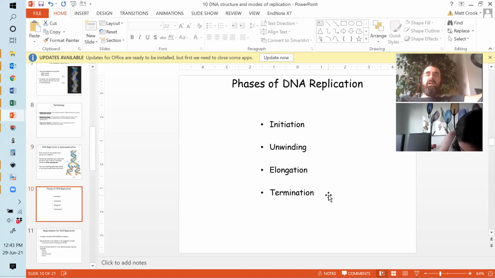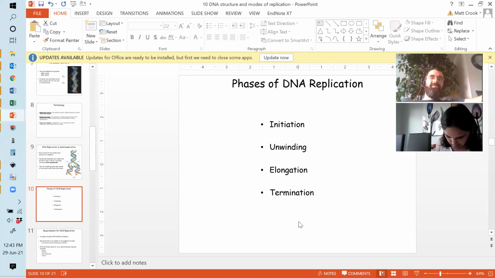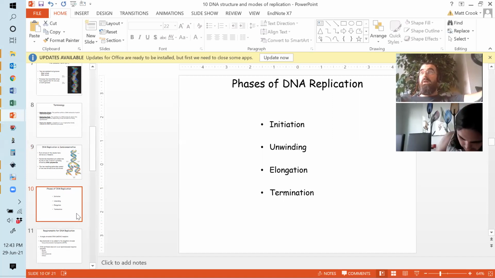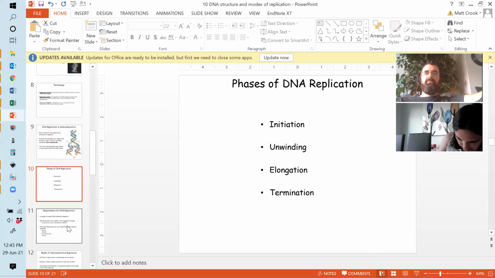There's going to be elongation. And then termination consists of obviously the physical end to DNA replication, but there's also a whole bunch of other stuff that has to go on afterwards, which we'll get to in a little bit, basically tidying up the mess left behind by DNA replication.